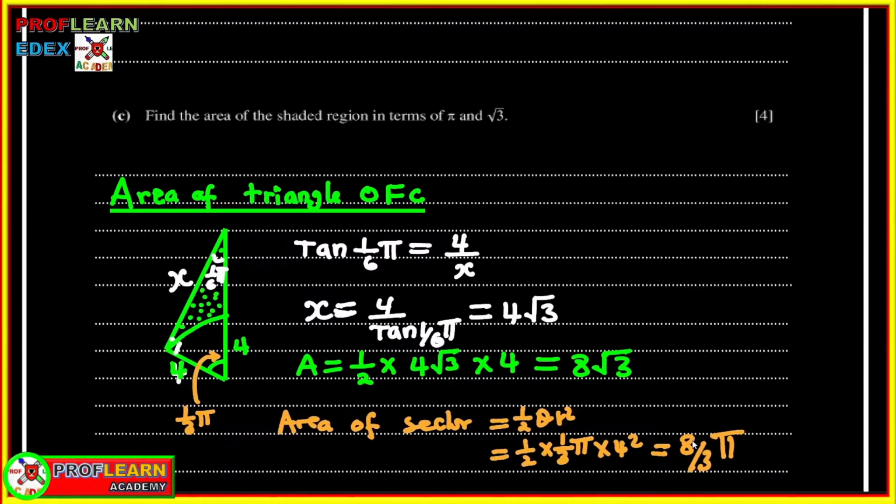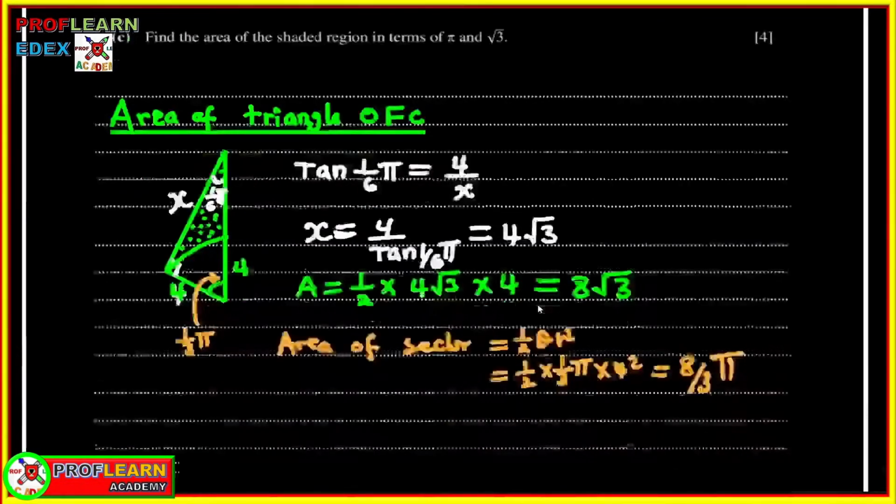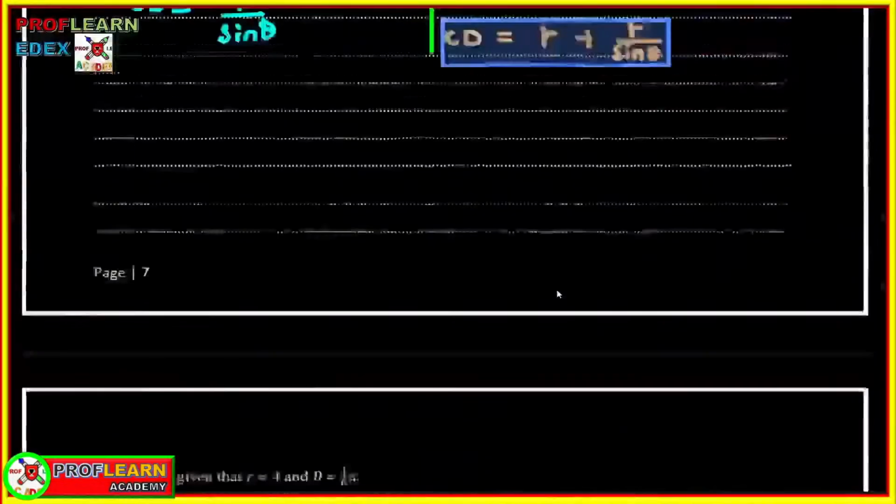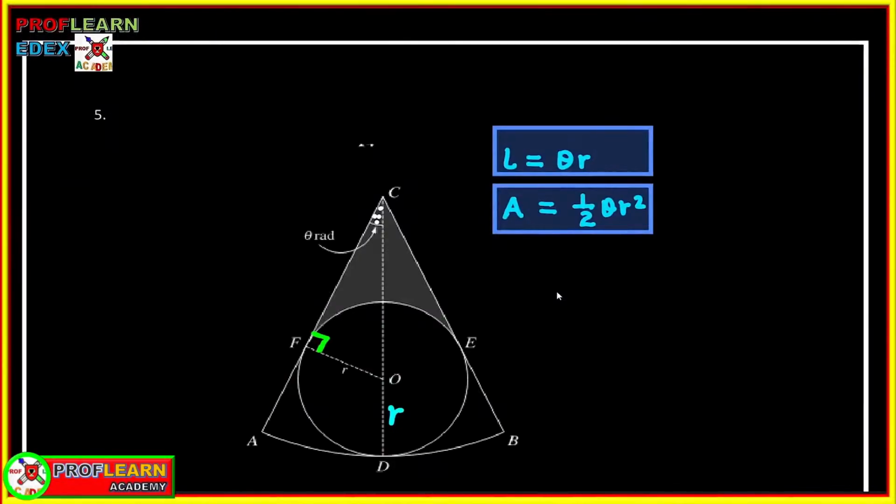Now, in order to get the area of the shaded part, we are going to subtract the 2. Once you have subtracted the 2, then we shall multiply by 2, because the shaded area that we are working out has two right angled triangles, that is triangle FOC and triangle OEC.